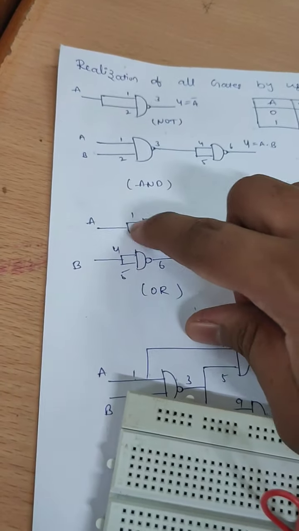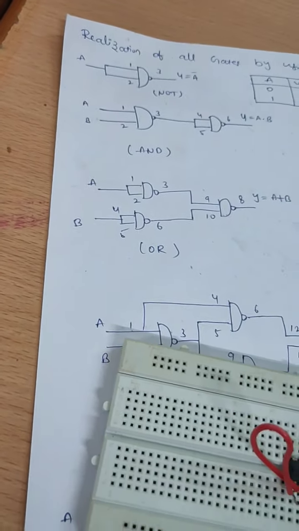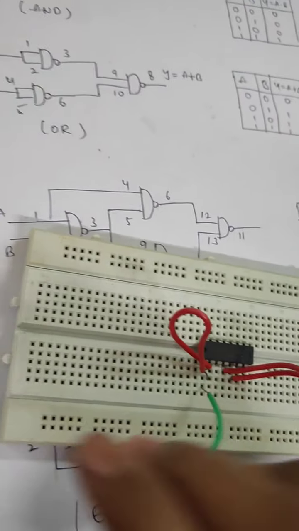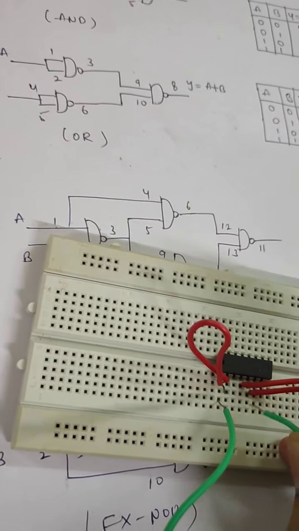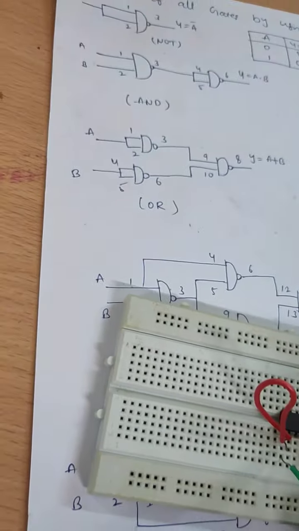So this one is A input and this one is B input. Okay, these two are inputs, A, B.